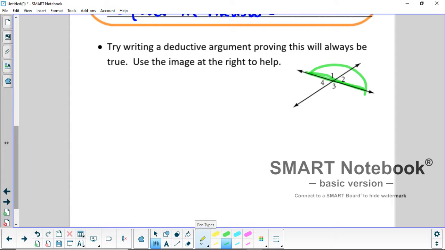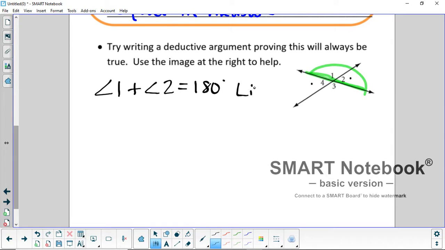So I'm going to use that information to show that an example of vertical angles like 2 and 4 will be the same size. So angle 1 plus angle 2 equals 180 degrees. They are a linear pair.